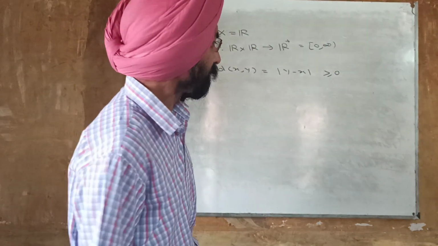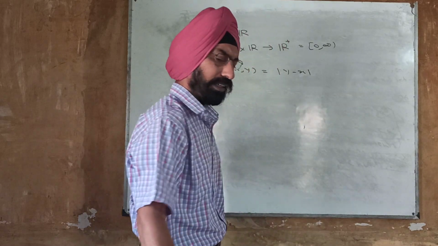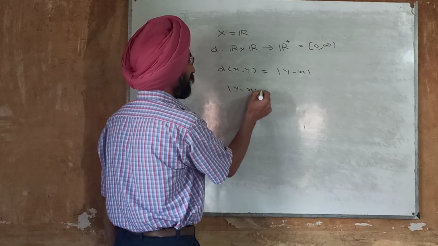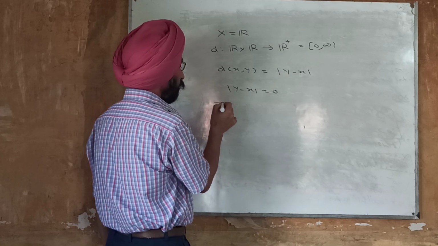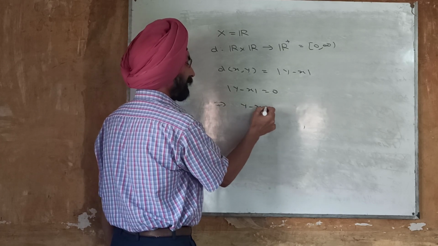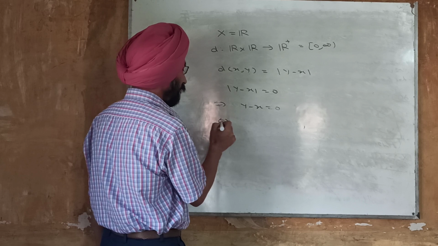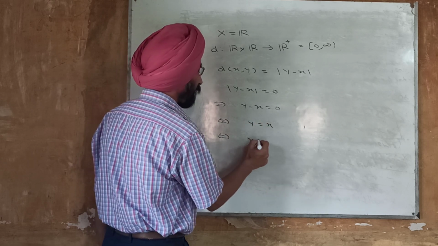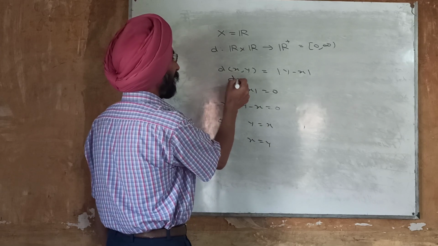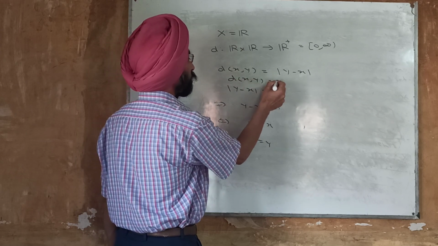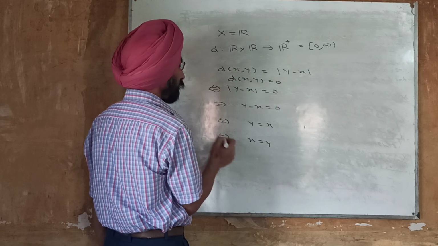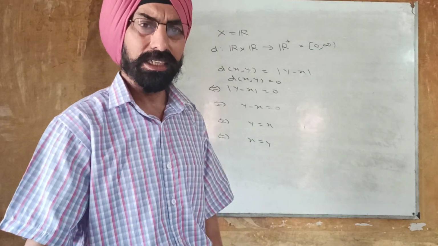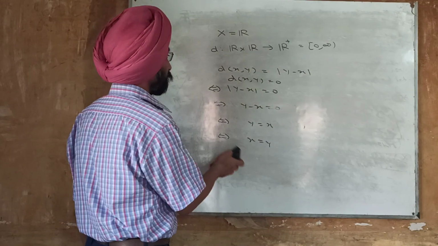The third thing is the equality. We know that mod of y minus x is 0 if and only if y minus x itself is 0, if and only if y is equal to x, that means x is equal to y. So d of x y is equal to 0 if and only if x is equal to y, which is the third property of this metric function.